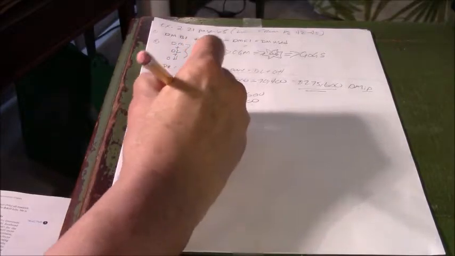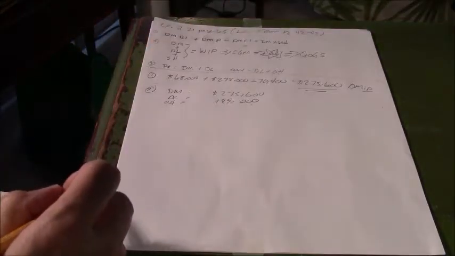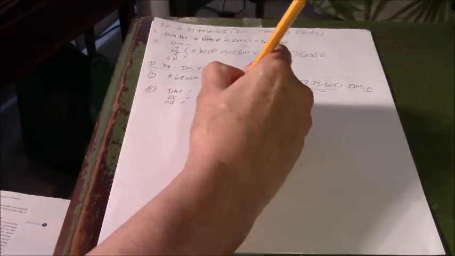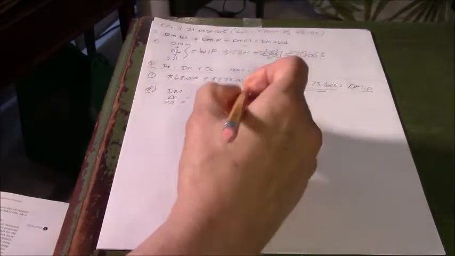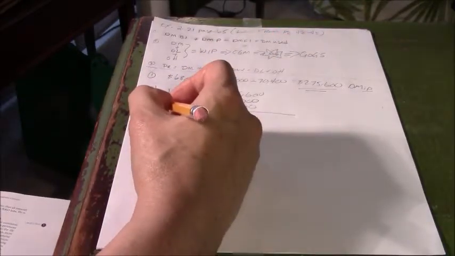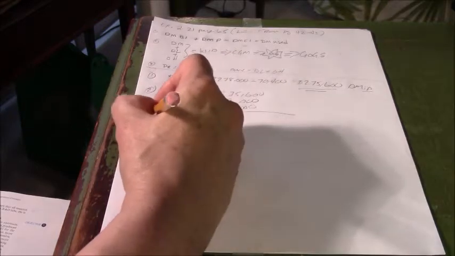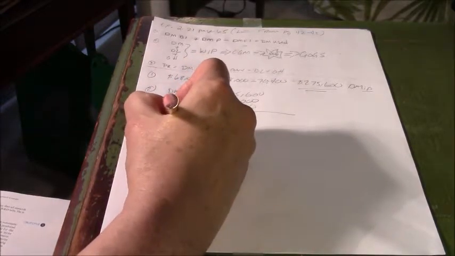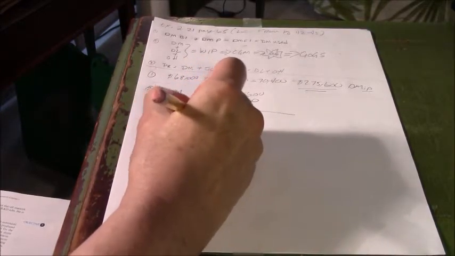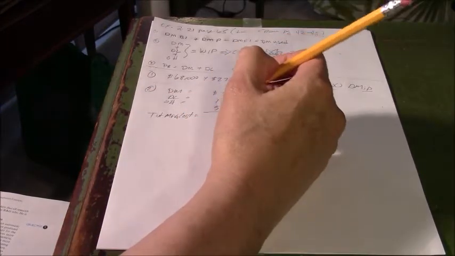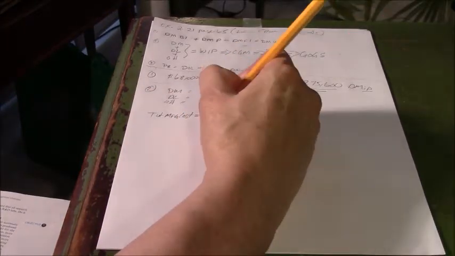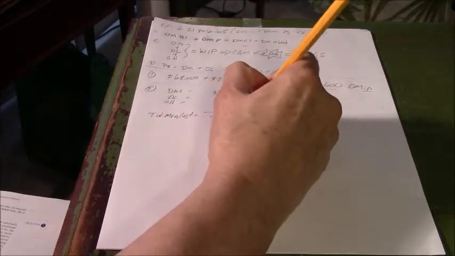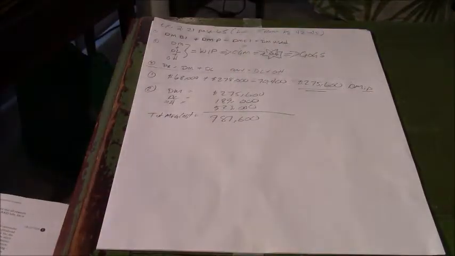And overhead, they also tell us, is 523. Right? So we add all those up, and that's my total manufacturing cost, all three of those. So that's 987.6.